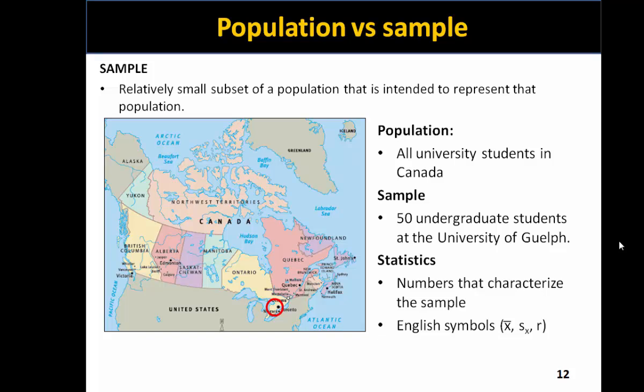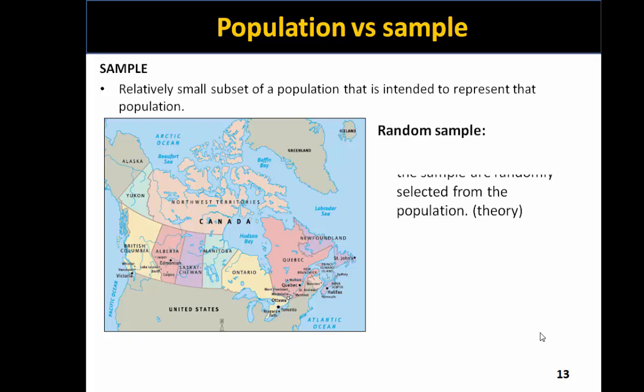So we see the counterparts to the population parameters. X with a bar on top signifies the sample average, or the sample mean. We'll use those terms interchangeably. S sub X refers to the sample standard deviation, and r refers to the sample correlation coefficient.